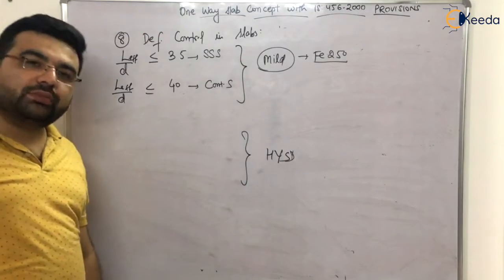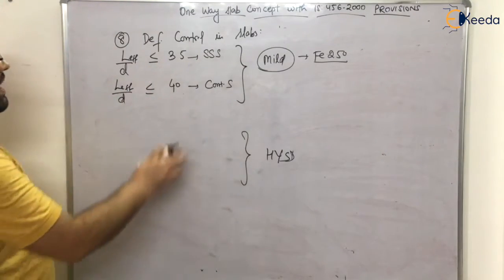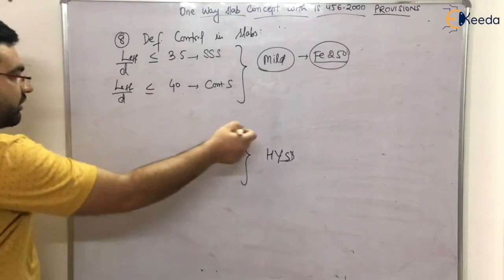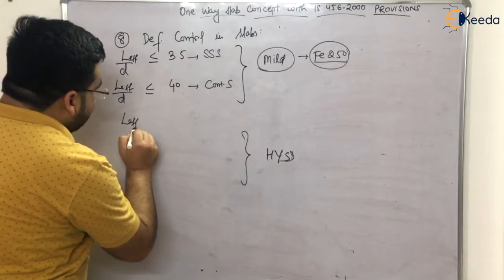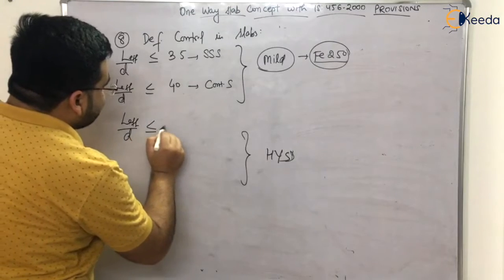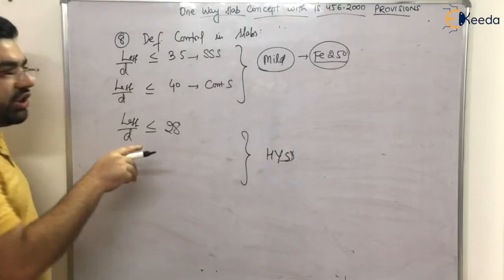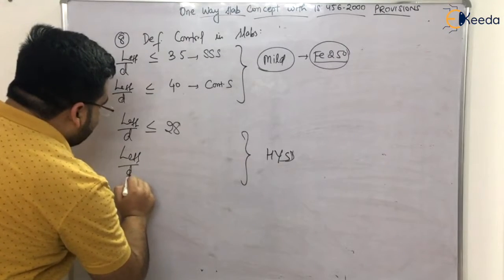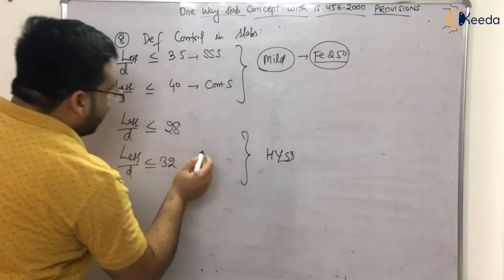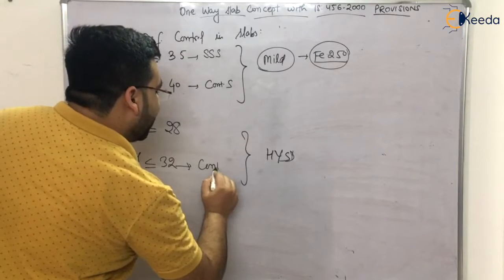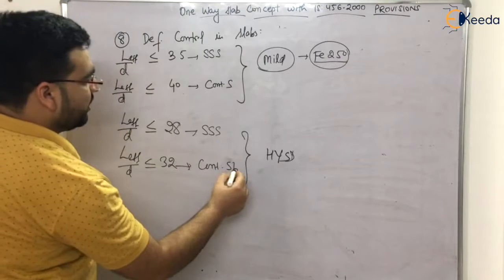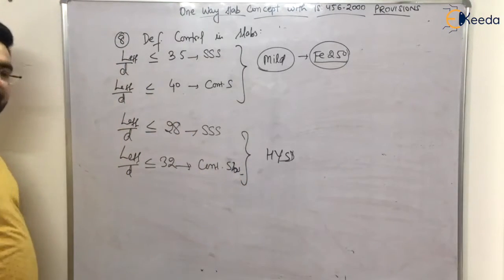Now in case of HYSD, your L effective by D ratio should be less than or equal to 28 for simply supported slabs, and less than or equal to 32 for continuous slabs.